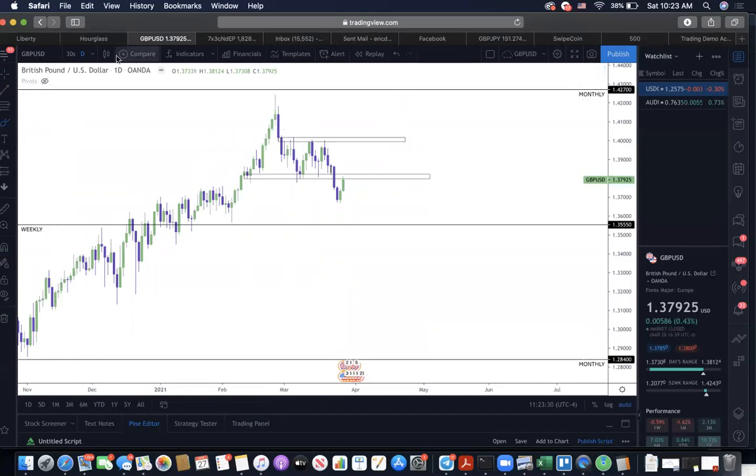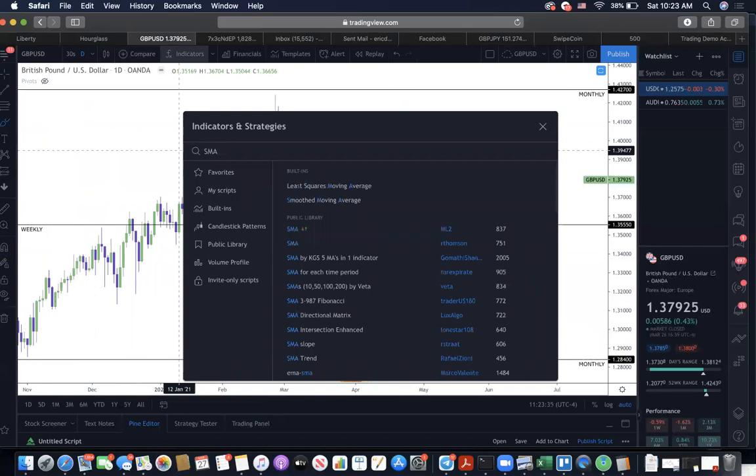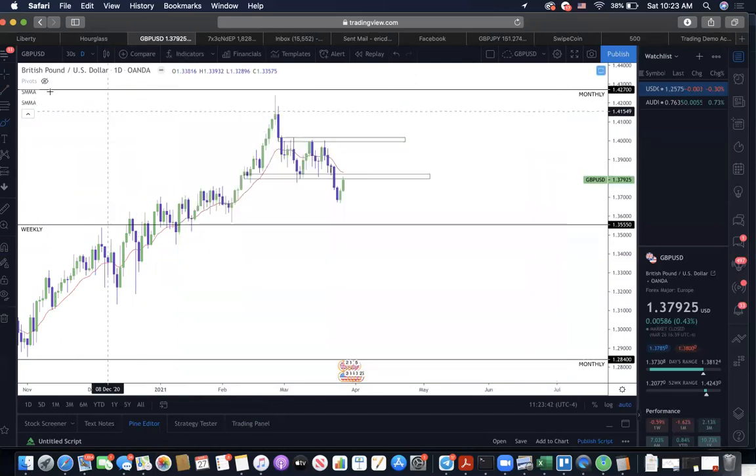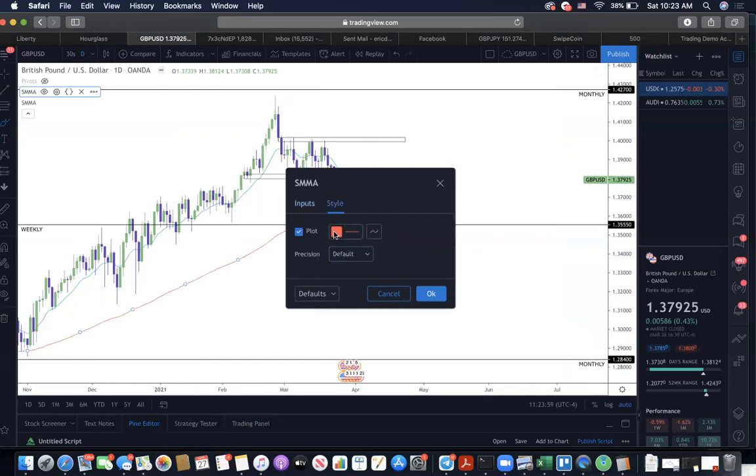All right, I'll throw a couple of things on here. Let me throw the smooth moving average on here. There are two smooth moving averages that I use. One being the 50, I'll leave that red.